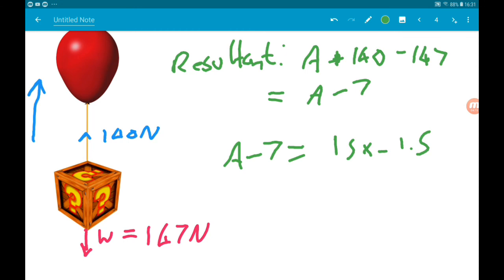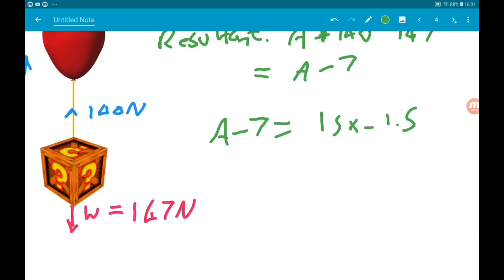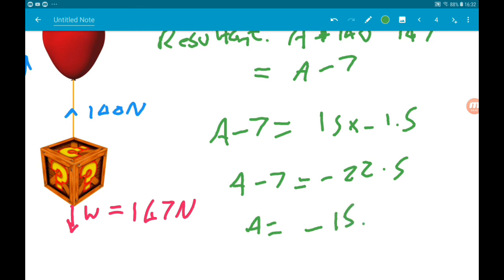Now this gives us A minus 7 is equal to minus 22.5. So A is minus 15.5 newtons.